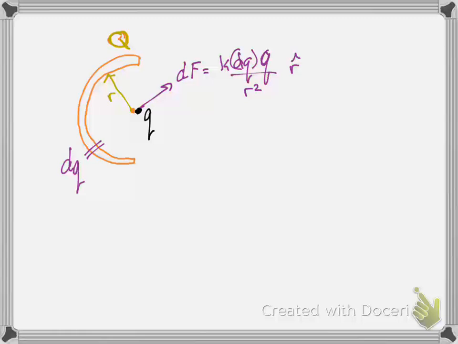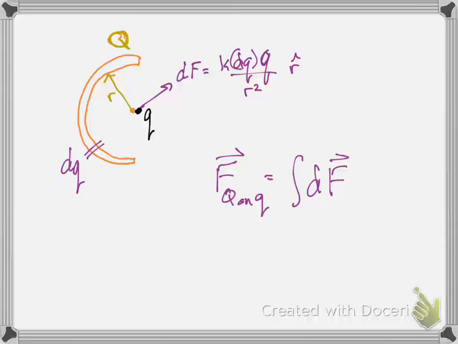Then, in order to find the net force of the semicircle on the test charge, we're going to sum up all the dFs, all of the individual forces due to the point charges that make up the semicircle. What you need to think about is what changes as I sum up that F. k is a constant, dq is a constant, q is a constant, and r is a constant because we chose a semicircle, but the direction changes.